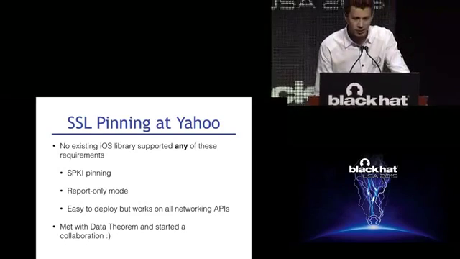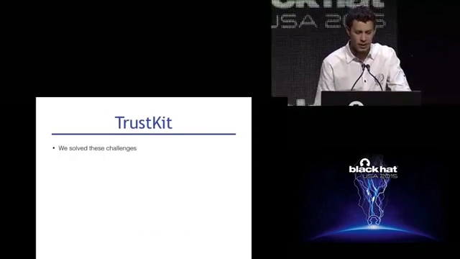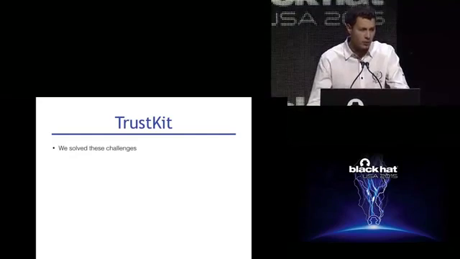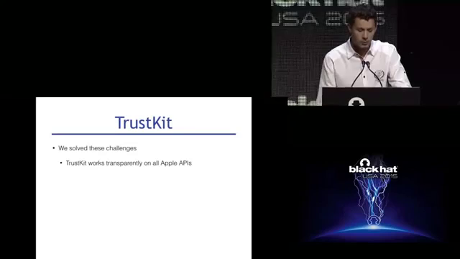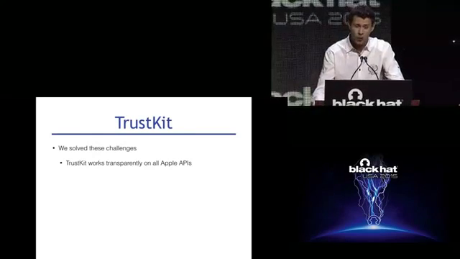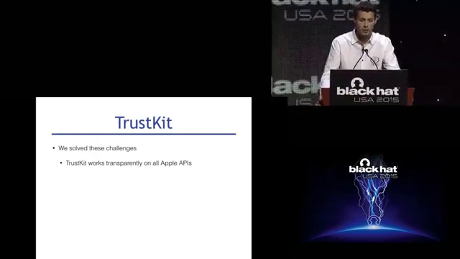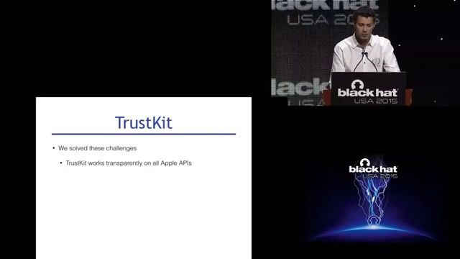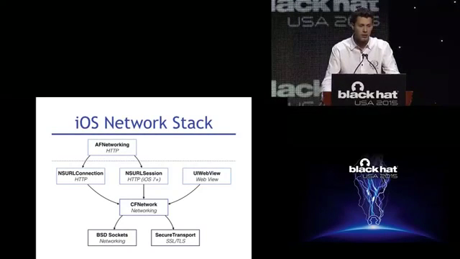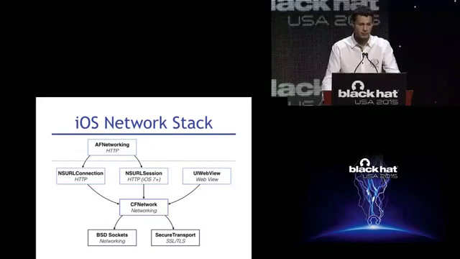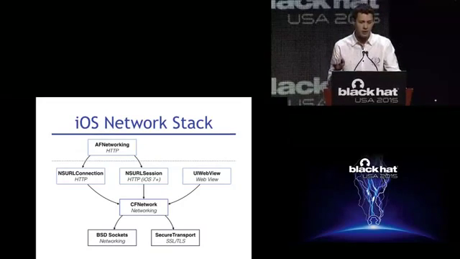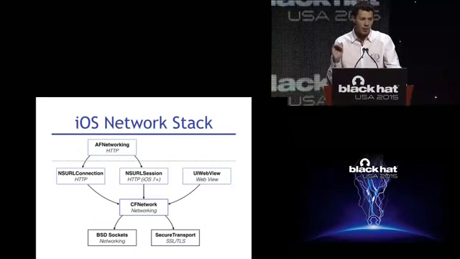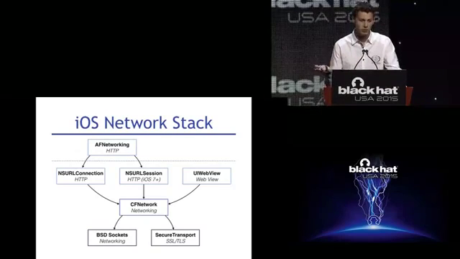Thanks, Angela. So yes, we started collaborating, and all in all, we basically solved all these challenges. One thing was having a library that works on all your network connections, on all the APIs. If you look at the Apple network stack, there's a lot of different APIs you can use to do network connection, from low-level APIs like BSD sockets to higher-level APIs like NSURLSession, where you can do HTTP connections.